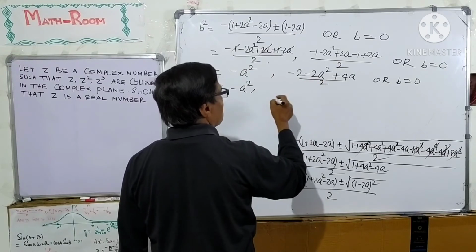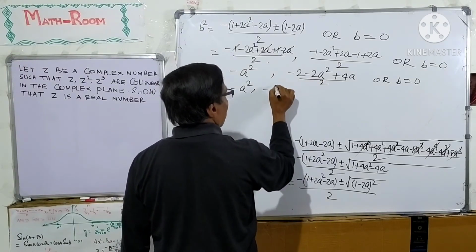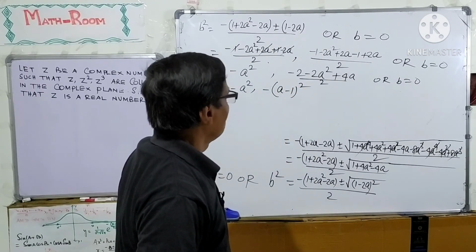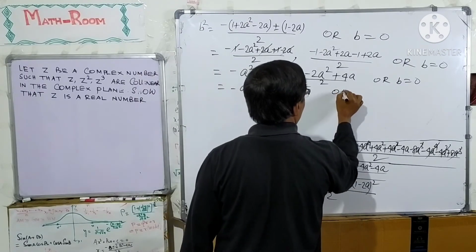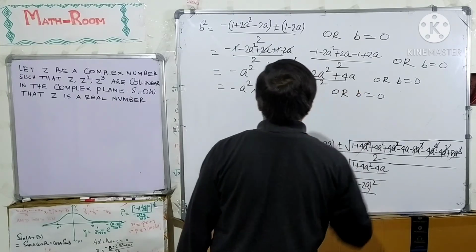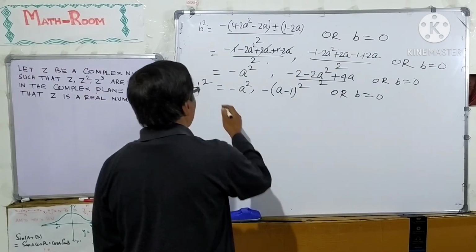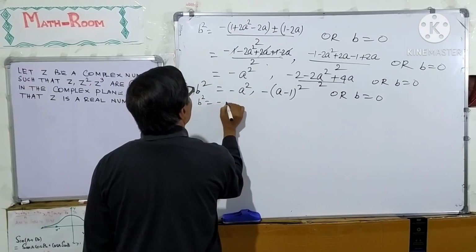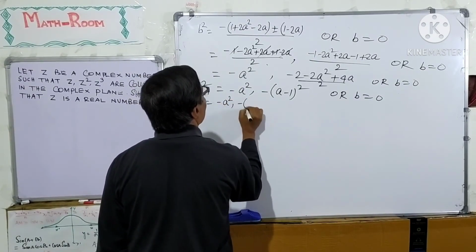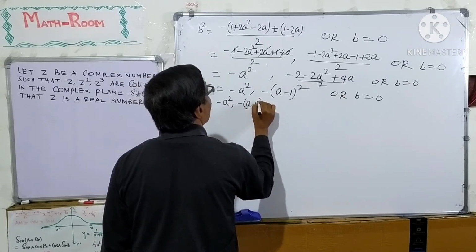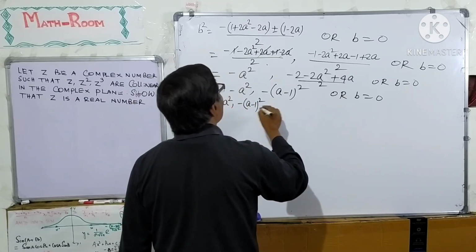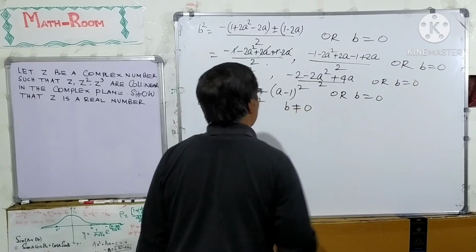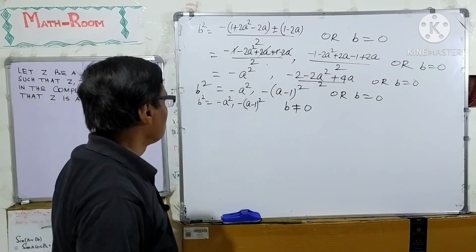This can be written as minus a minus 1 whole square, or b equal to 0. Now, when b square equal to this, that is b square equal to minus a square, minus a minus 1 whole square, then we have to consider b not equal to 0.